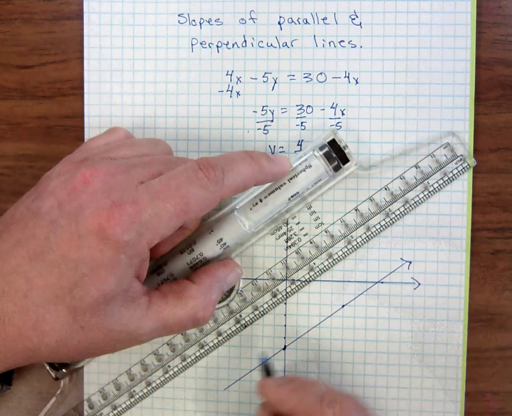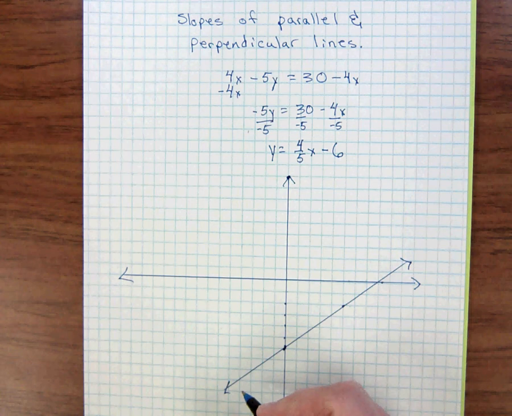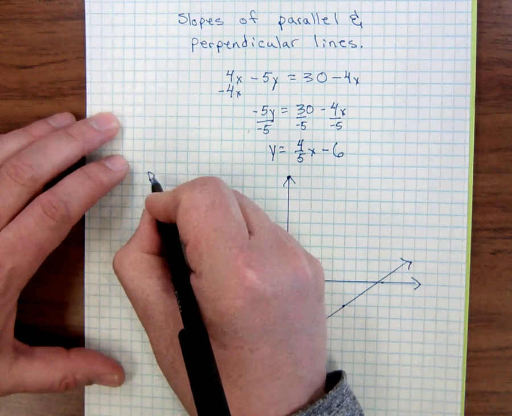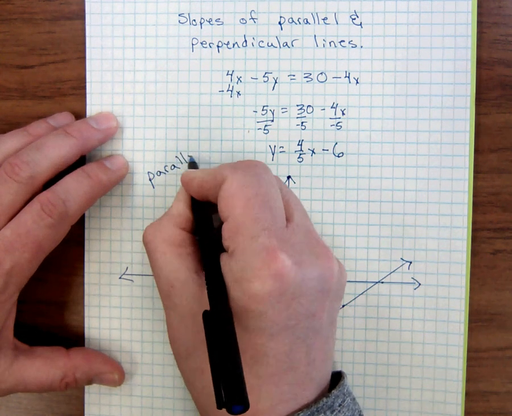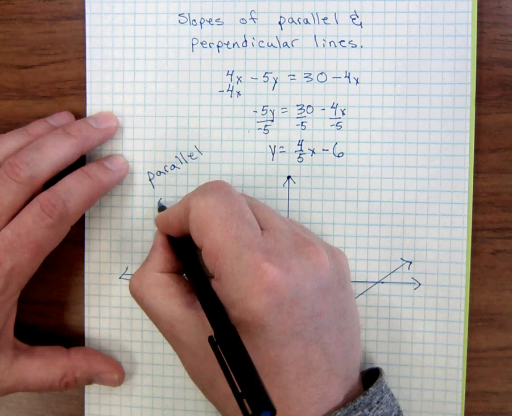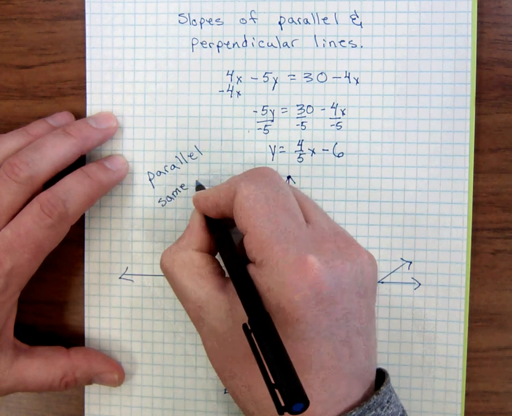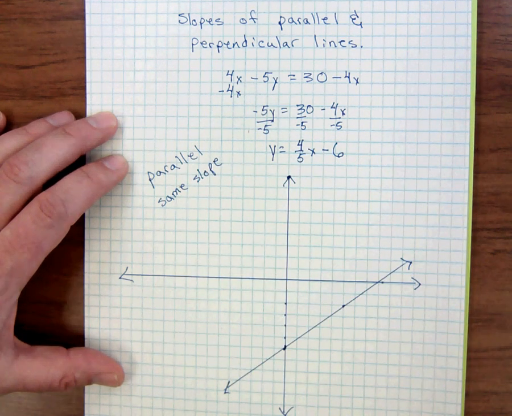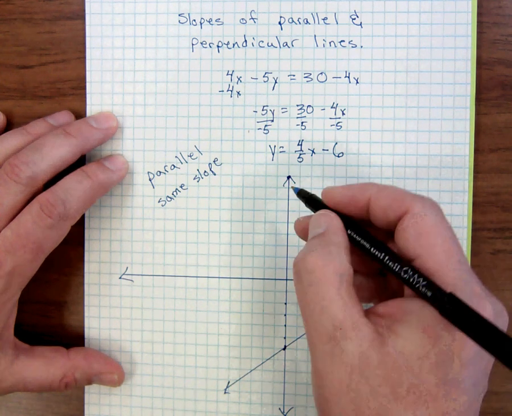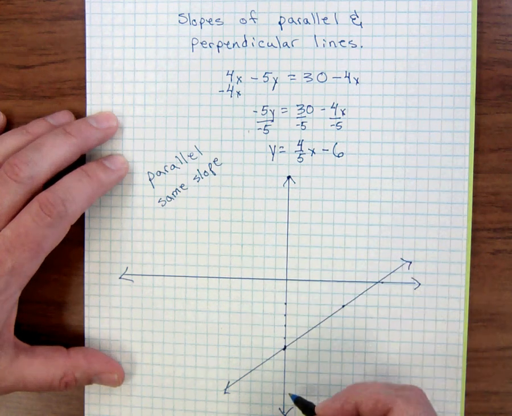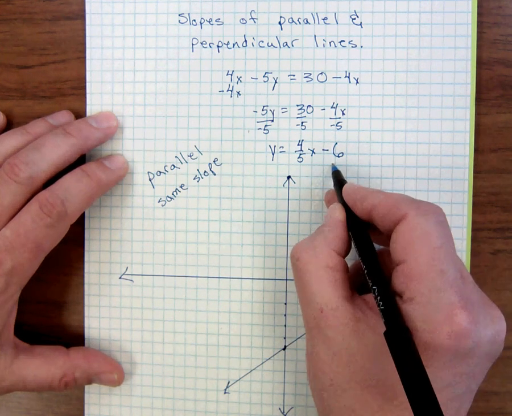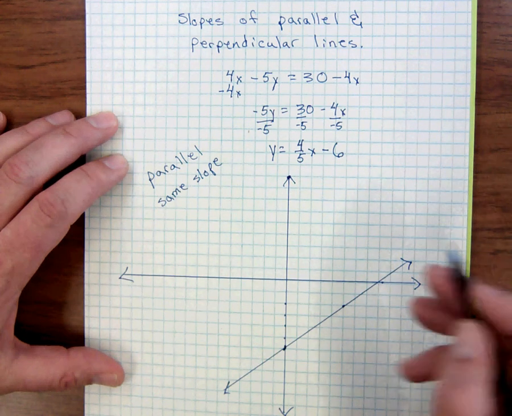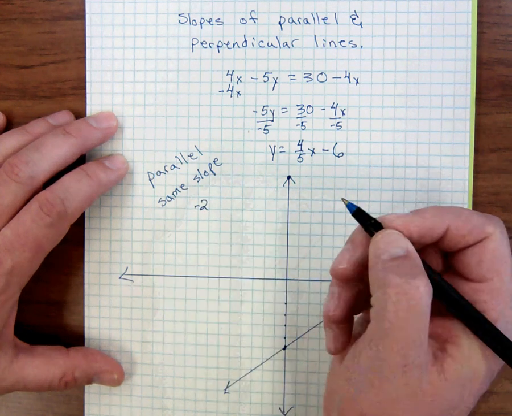Now, the rule for the slope of a parallel line is that it is going to have the same slope. It isn't the same line, so the y-intercept will be different. We can just choose any y-intercept that we would like other than -6. So let's do -2 for our y-intercept.